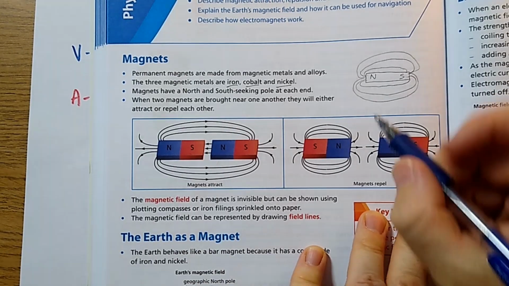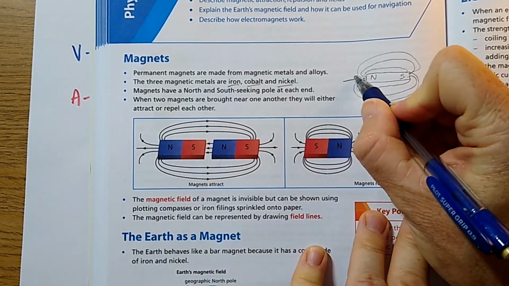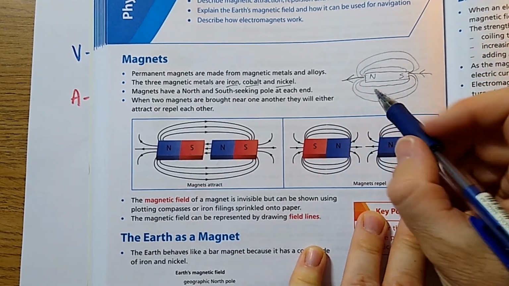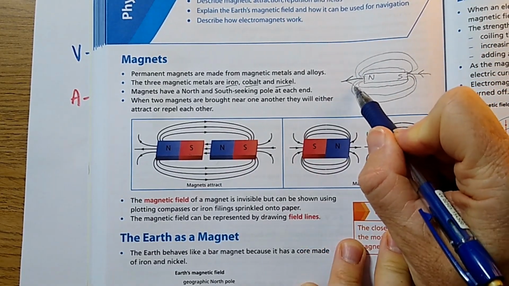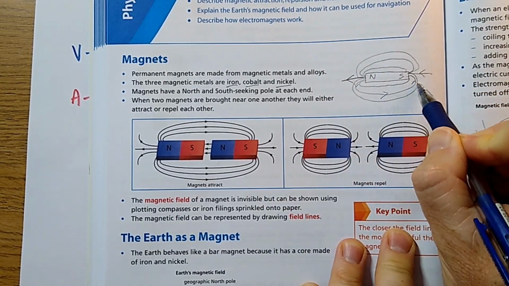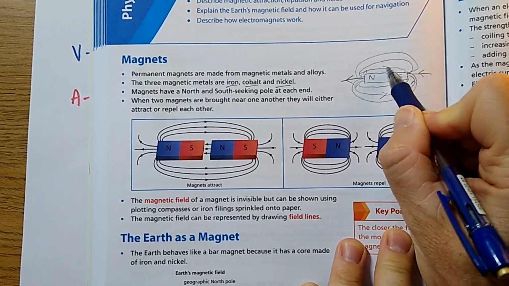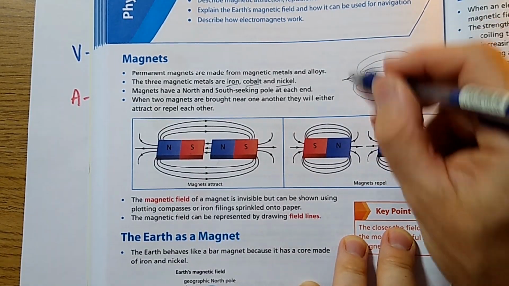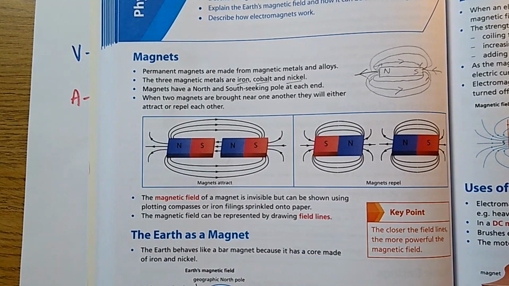Magnetic field lines come out of the north and go into the south. So you should follow them round. It's coming out there, and going in there. Out there, and going in there. Don't make the mistake of having that go round and round in circles, because that's not correct.